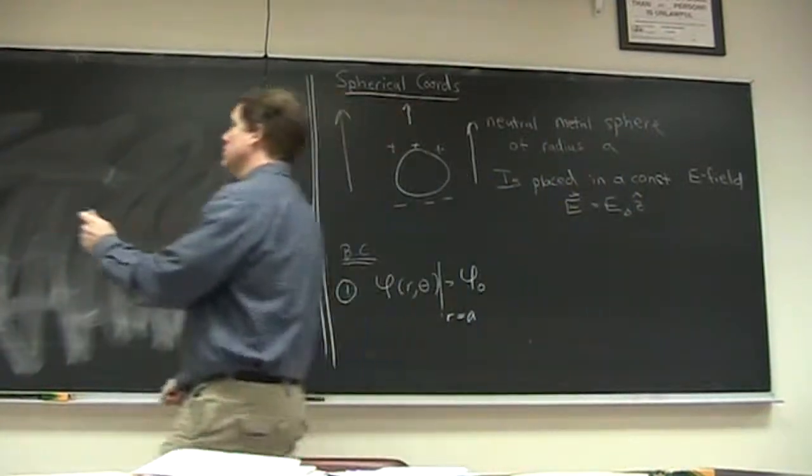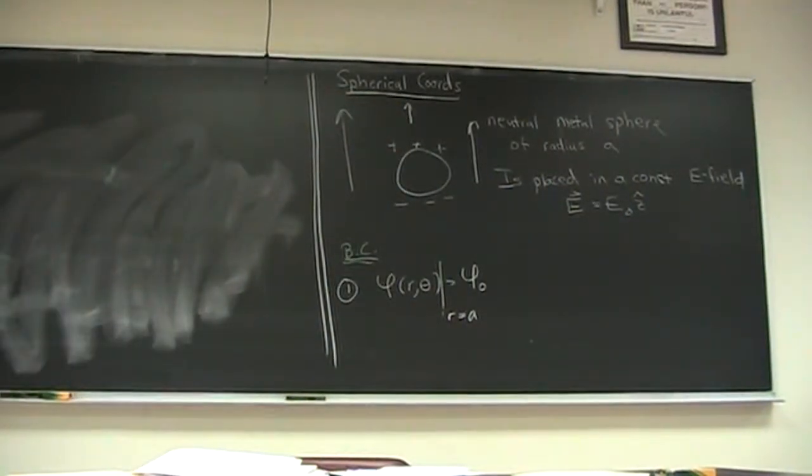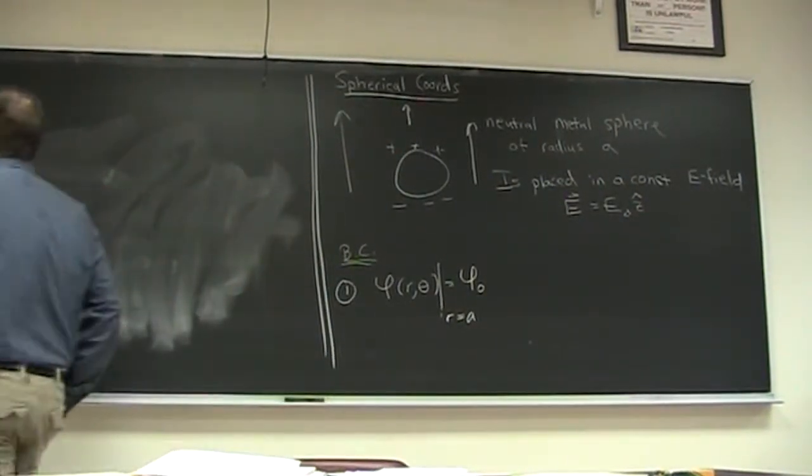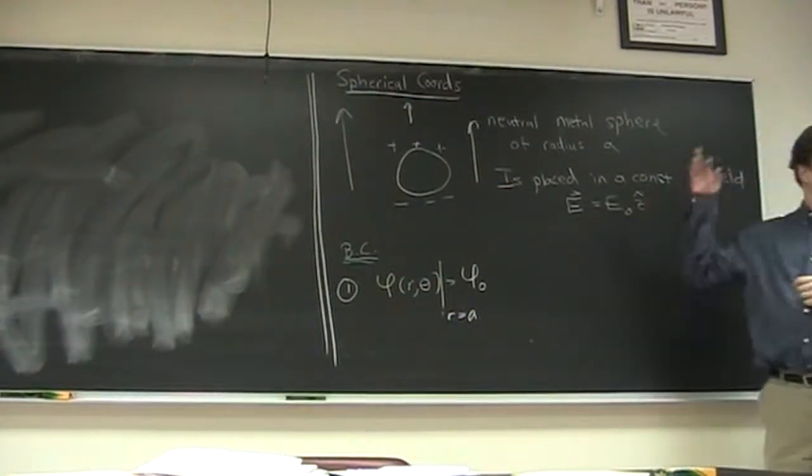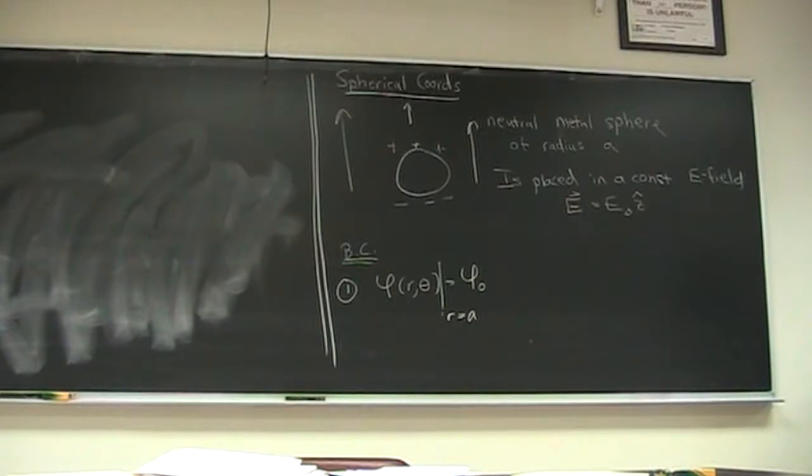The second boundary condition comes from the statement that you're in a constant field. If you're in a constant electric field, then at least far from the sphere, r going to infinity, you should see just a constant electric field.